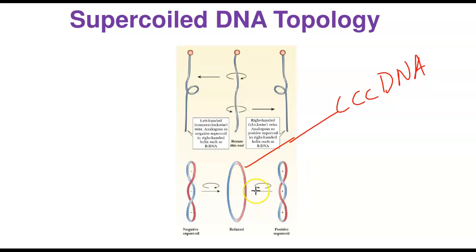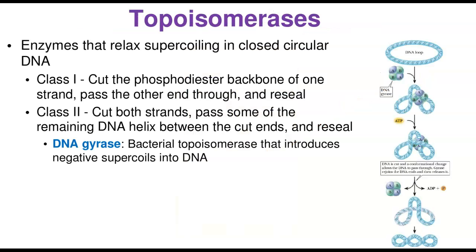A positive coil winds on itself. This is a positive supercoil, and this is a negative supercoil, of course. All right. So topoisomerases are enzymes that introduce or relax this supercoiling in circular DNA.